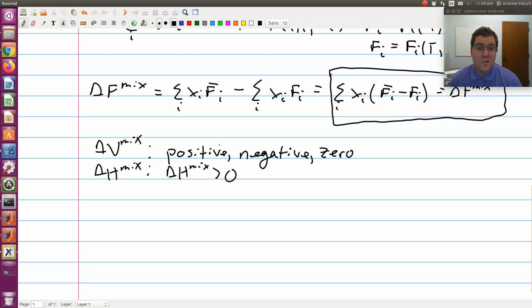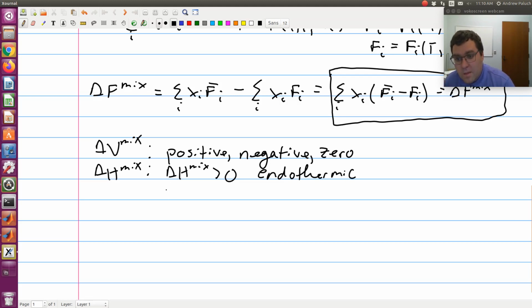So if delta H of mixing is positive, that means Q is positive. That means heat needs to be added to my system to maintain that constant temperature. We call this case endothermic. Heat needs to be added to maintain the temperature or to drive the mixing, and that corresponds to unfavorable interactions.